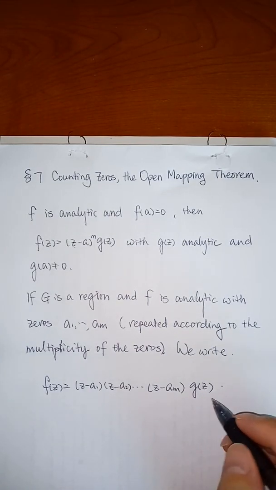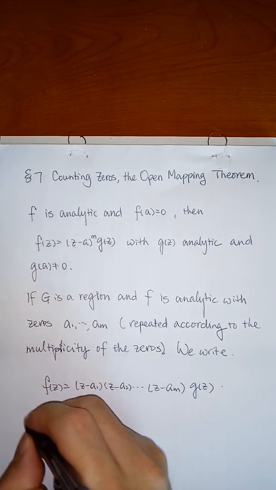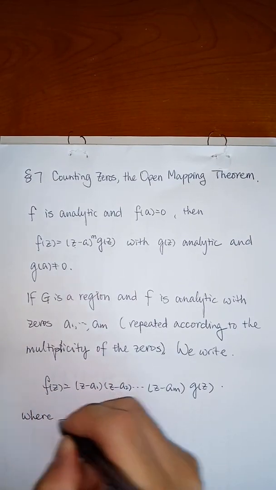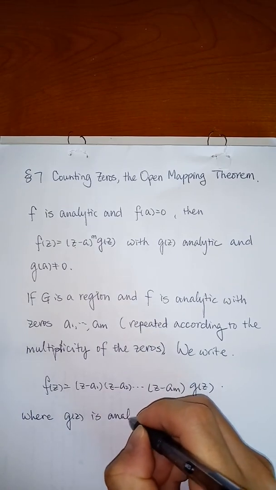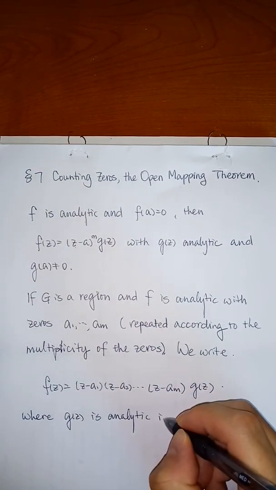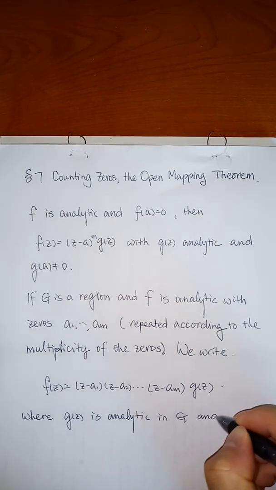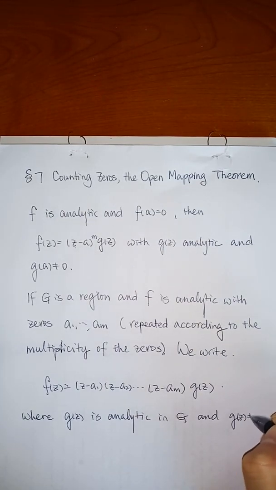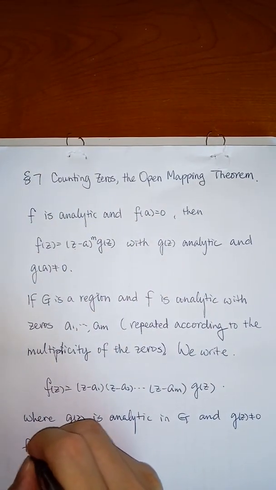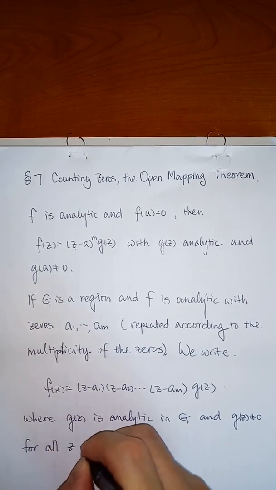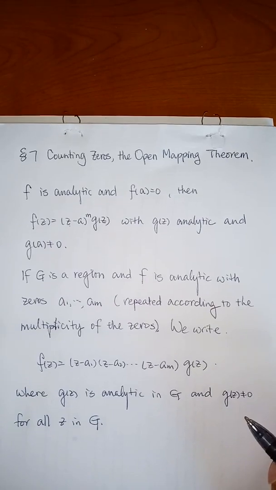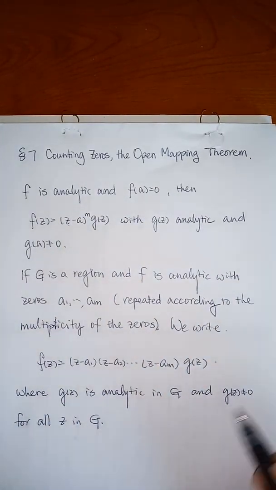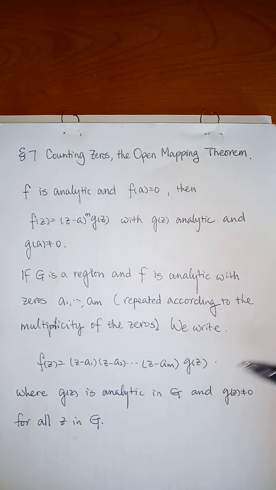Remember, g of z is never equal to 0 for every point inside G. If g of z is 0 for some other point, then f will have another zero.